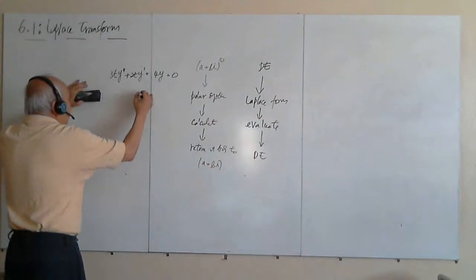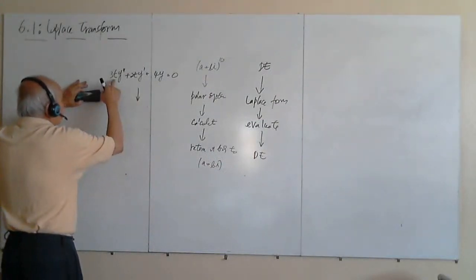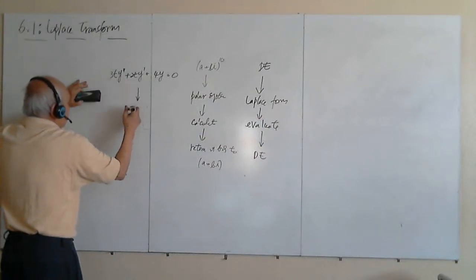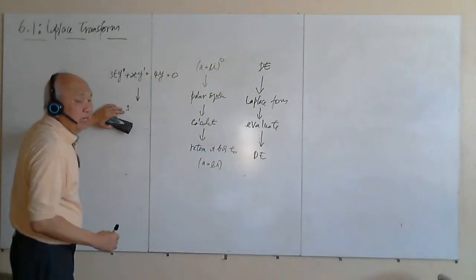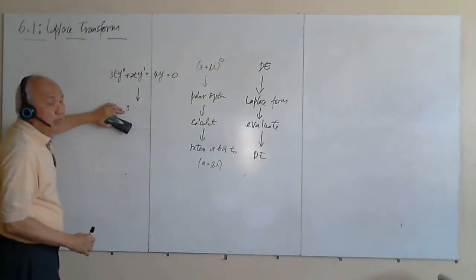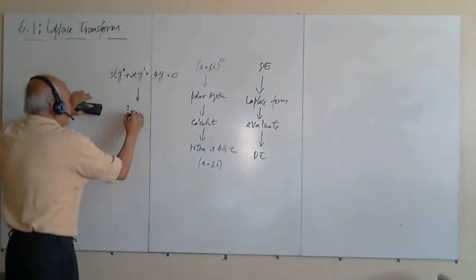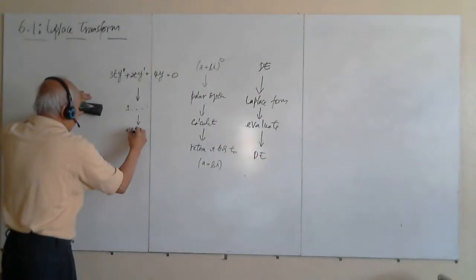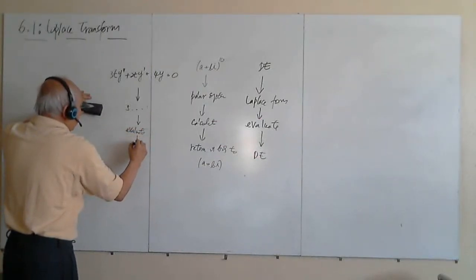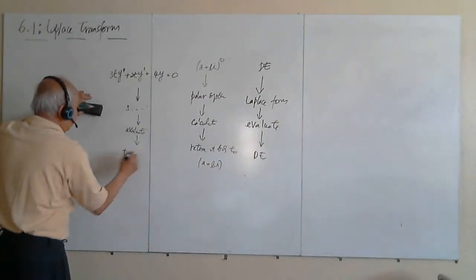In this case, we are going to change the t into s. Am I correct? So what is s? S is a variable that belongs to the Laplace transform. We turn it into s, and after that you go ahead and evaluate. After you finish evaluating, you get the result, and then turn it back into t.